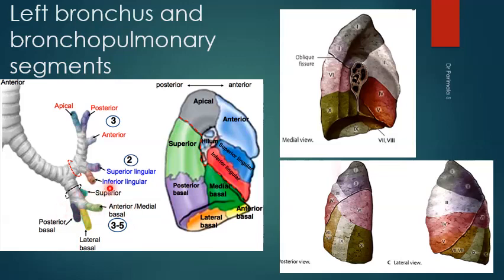We are seeing the superior, also called apical, then anterior basal, lateral basal and posterior basal. Their course and distribution are the same as that of the right lung, but in the lower lobe of the left lung, the medial basal bronchus may be suppressed. So we can say anteromedial basal. So the medial basal bronchus is suppressed on the left side. This difference also you have to note down.